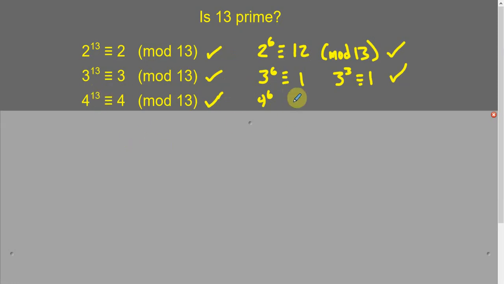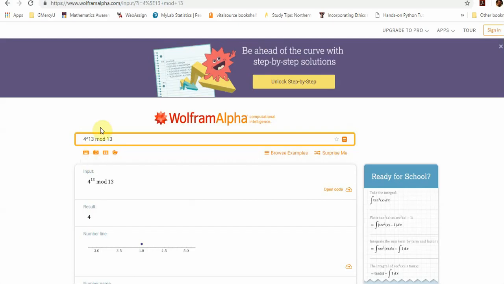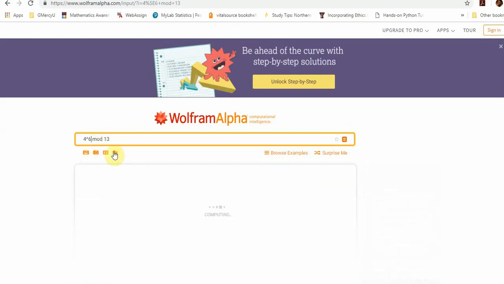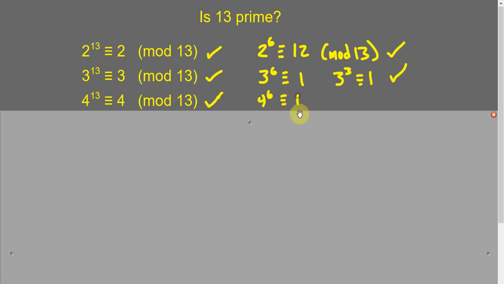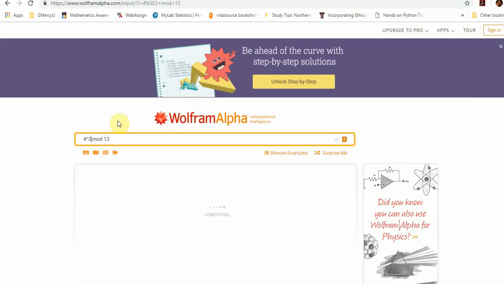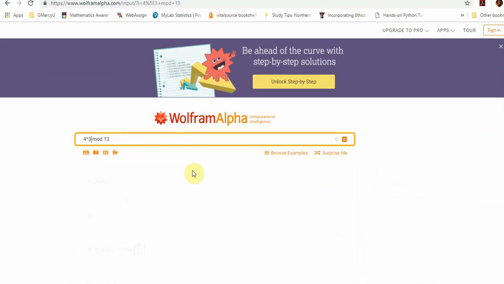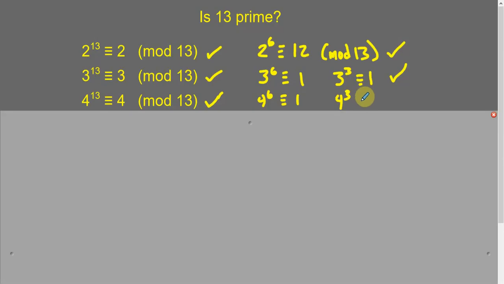That's like taking the square root. So 4 to the 6th mod 13 is 1. Because that's a 1, and this is even, I can go to 4 to the 3rd. I can take the square root again, and that better be 1 or 12. And in this case, it's 12.